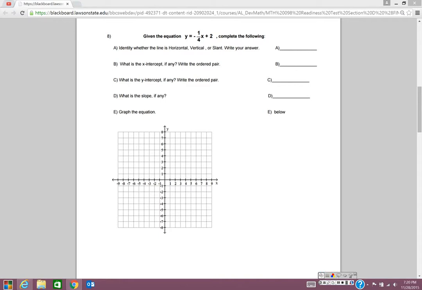So off the bat, you should already know 2 of the answers to this problem, because in y equals mx plus b, the m is the slope and the b is the y-intercept.